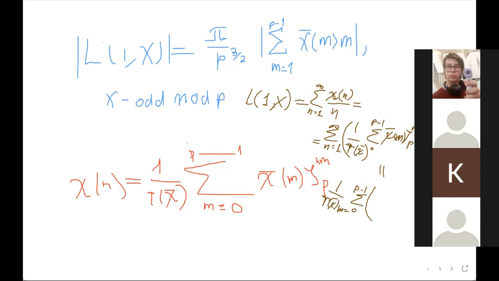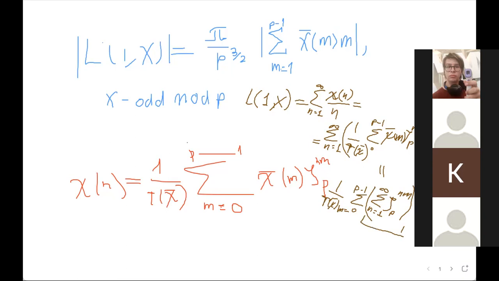And now there will be this sum from n equals 1 to infinity, and there will be zeta to the power nm, and it all will be multiplied by this character value, and this sum for a fixed m is equal to what?